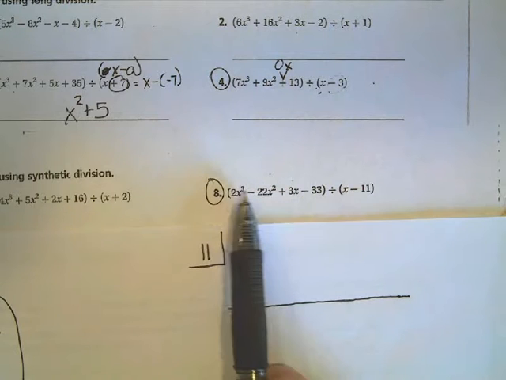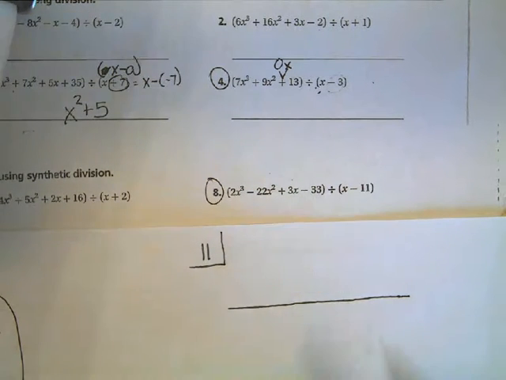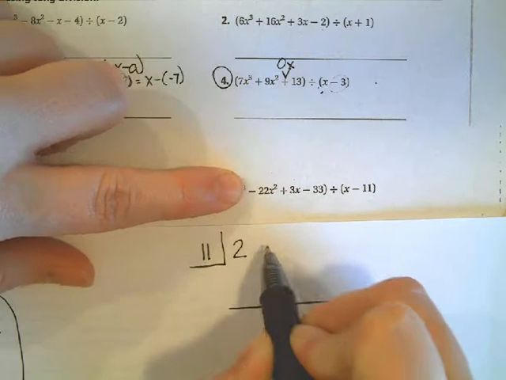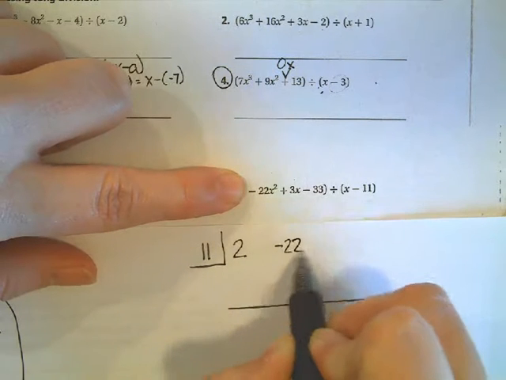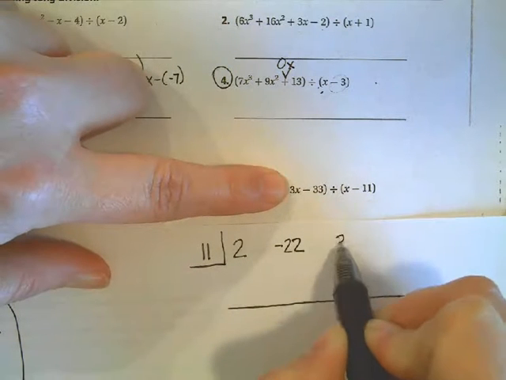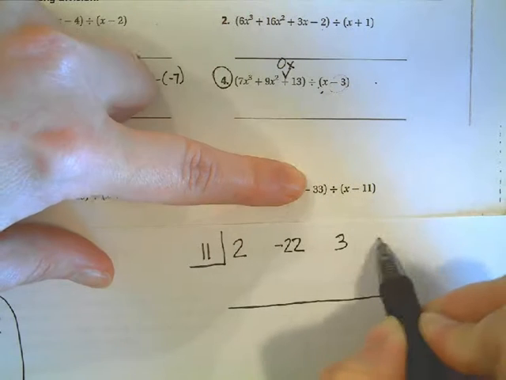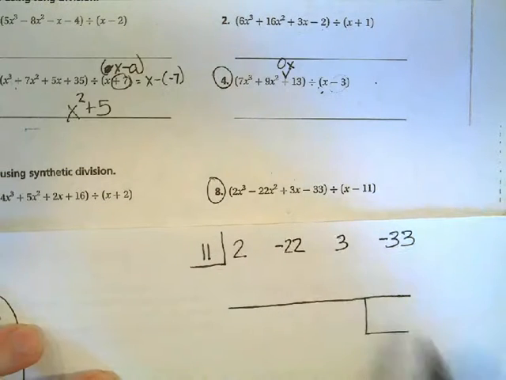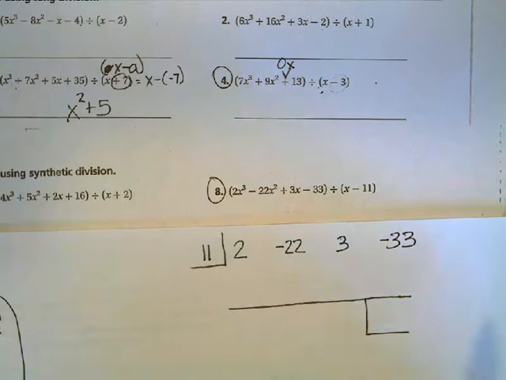2, negative 22, positive 3, and negative 33. Draw in your remainder box underneath the line under your last term and start your synthetic division. Pause if you'd like, work it on your own, and then unpause it and see how you did.